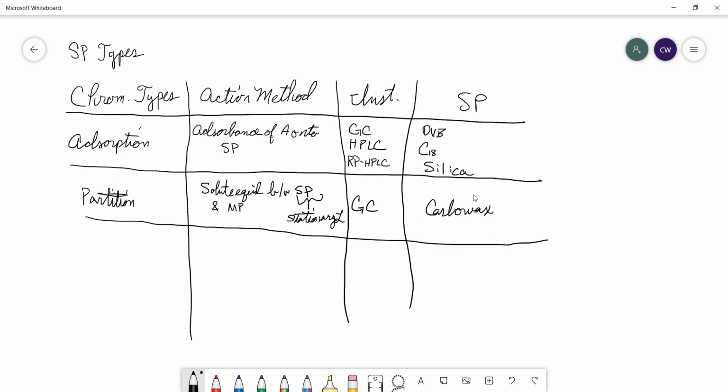So the GC column that you used in organic chemistry is a carbowax column. That is actually a little particle that's coated in a thin layer of wax. When the column gets heated up, this becomes a liquid layer. And so your analyte was partitioning in and out of that liquid layer into the helium carrier.